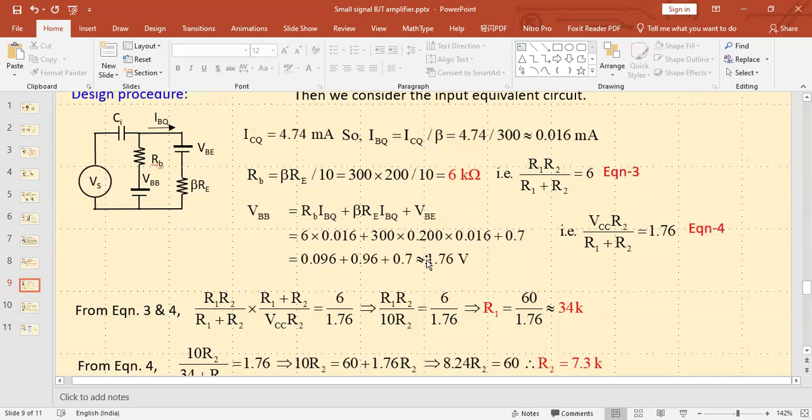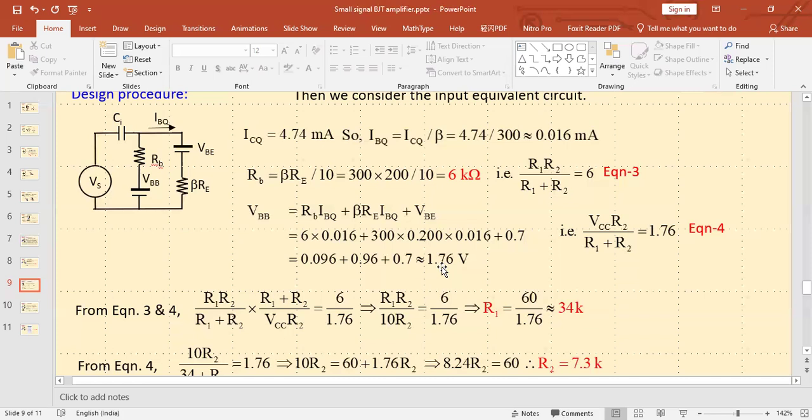Value of VBB was found to be 1.67 volt, because VBB will be equal to RB multiplied by IBQ current, plus the drop across this resistor, beta RE IBQ, plus this barrier voltage. If you do this calculation, it is 1.67 volt.